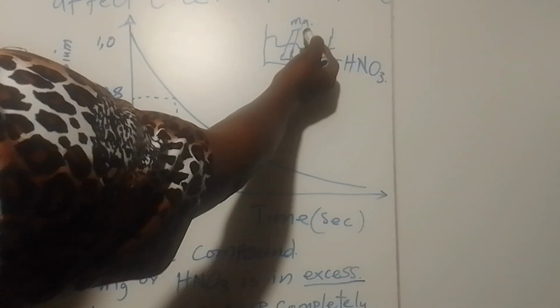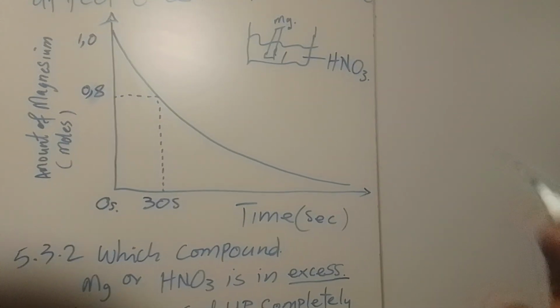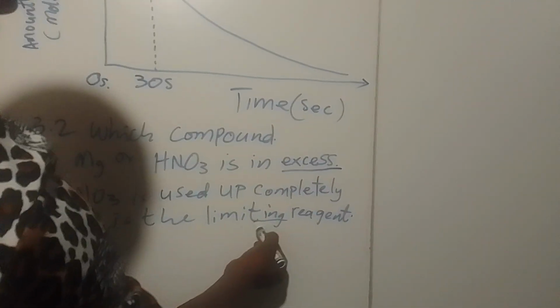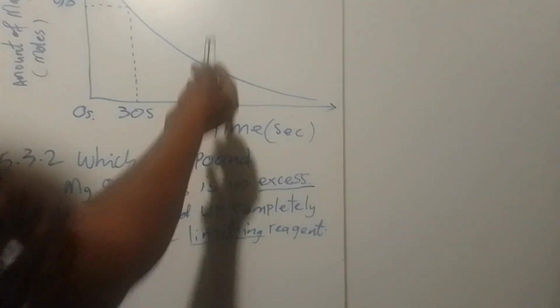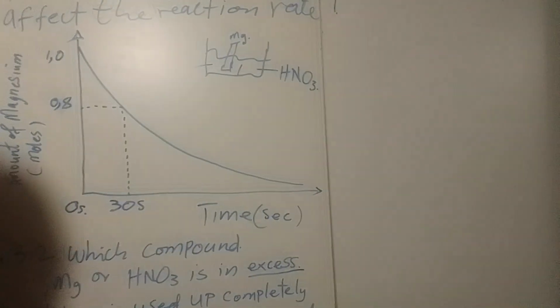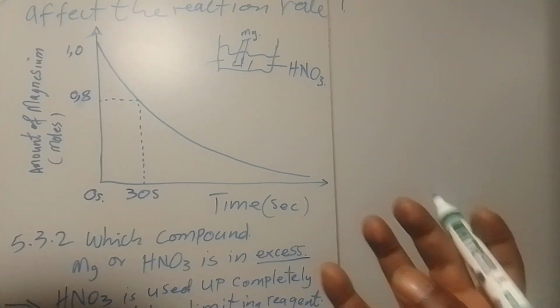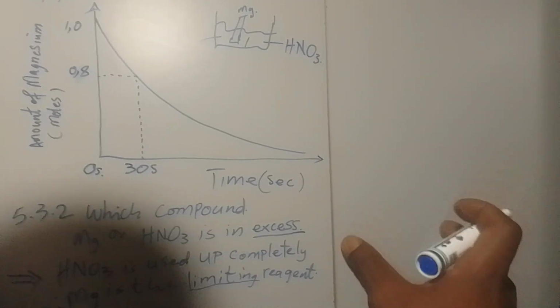So it means that this is the one present in a small amount. It is the limiting reagent. So the one inside the beaker is going to be in excess. The thing that is in bulk, too much of it, is what remains.